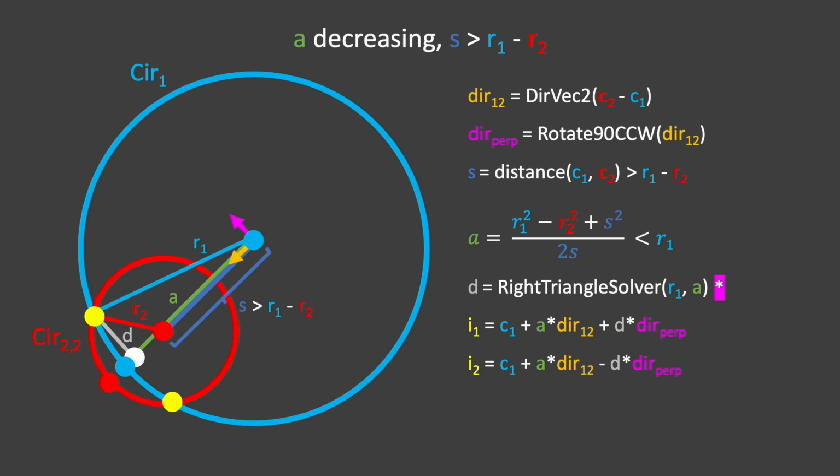I'll omit the algebraic details for the sake of time, but that means that I1 and I2 are distinct once again. You'll notice here that the center of the red circle is now inside the blue circle. And you'll see that when A is increasing, the red circle center is outside of the blue circle, but when A is decreasing, well, now the red circle center is inside the blue circle.